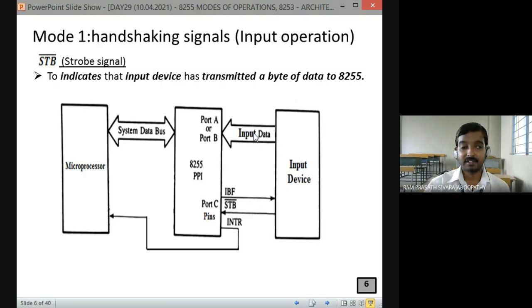The input device is connected to port A or port B, whichever port you have configured in mode 1. That input device is going to give data to 8255 through the port pins. Is it clear or not? Once the strobe signal goes, 8255 accepts the data given by the input device. Correct? Okay. What about the size of your port register?